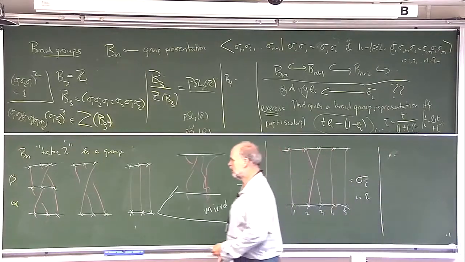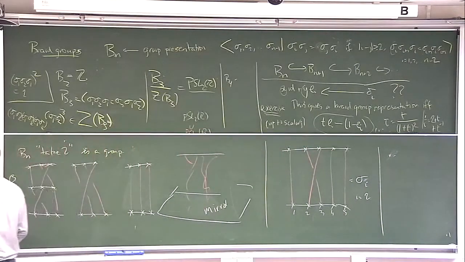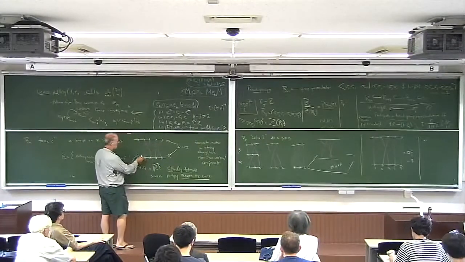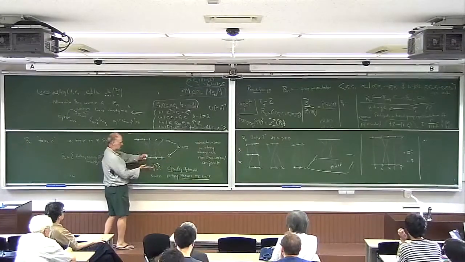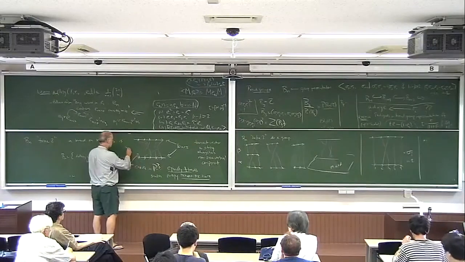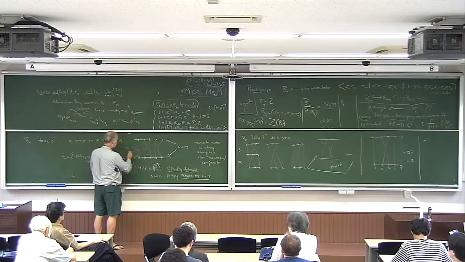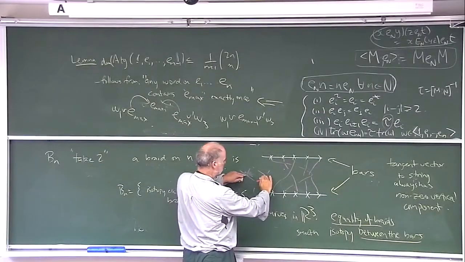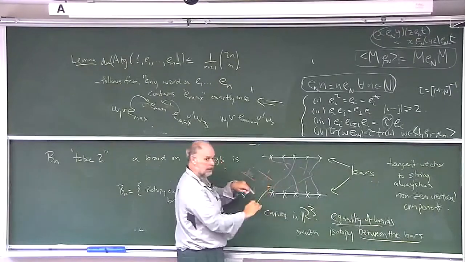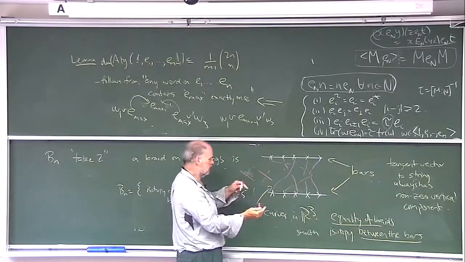Well, it's quite clear that any braid, you look at it, it's given by the sequence of crossings. And you can make sure that these crossings, by a little isotopy, the only bad thing that can happen is if 2 crossings actually occur on exactly the same level, but you can just push this one up a tiny bit, push that one down a tiny bit without interfering with anything else.